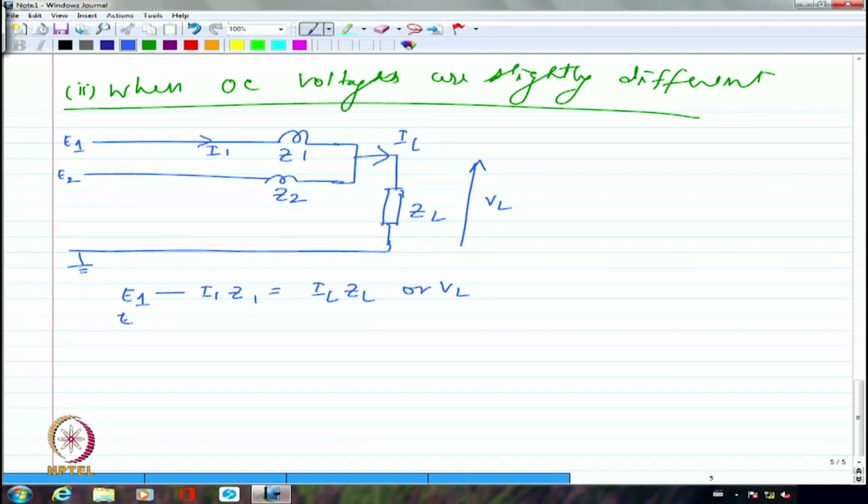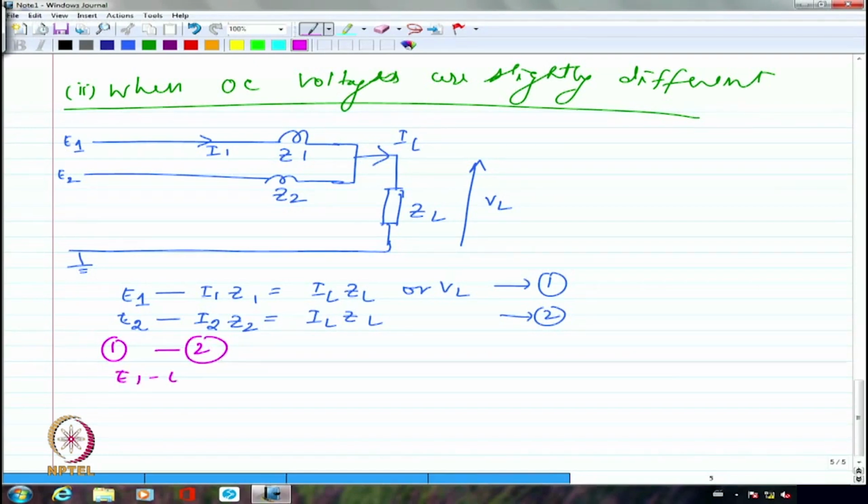Similarly, E2 minus I2 Z2 equal to IL ZL. Right? So, let me call this equation 1, this equation 2. So, let me get 1 minus 2. I should be able to write E1 minus E2 equal to I1 Z1 minus I2 Z2. Right?